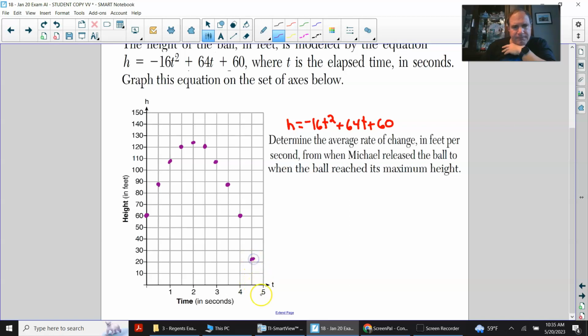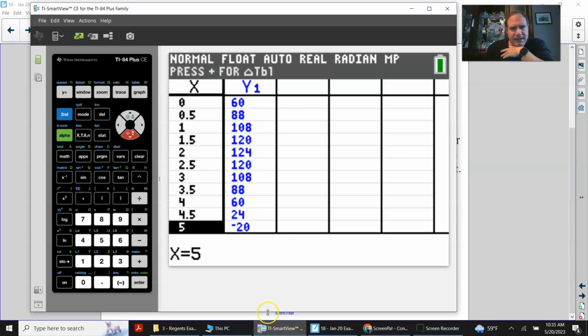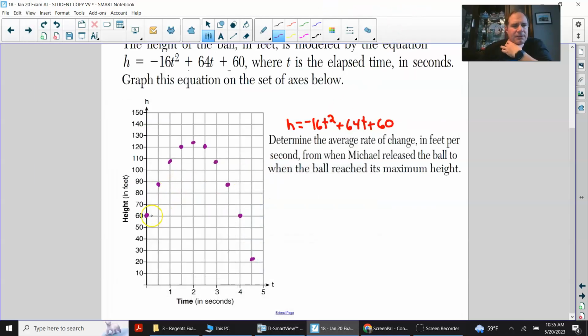Right about there. And I want to see what it is at 5. It's negative 20. So I think that's about it for me. So now I'm going to go ahead and draw my, oh boy, that's bad. Let me just get that out of there. And it's bad again. All right.